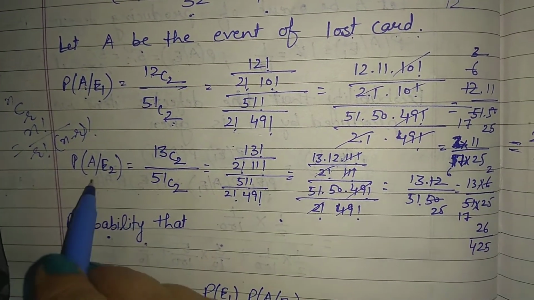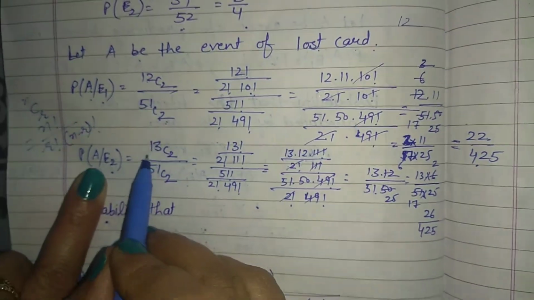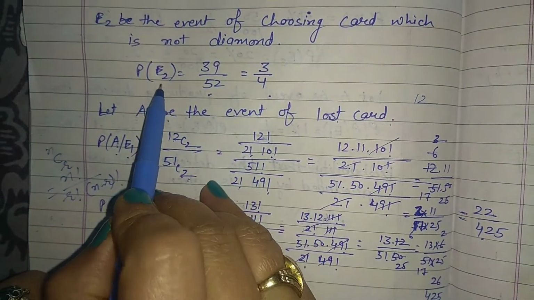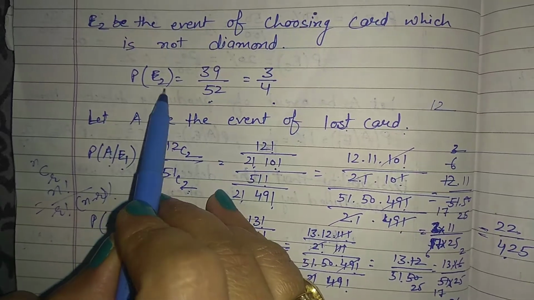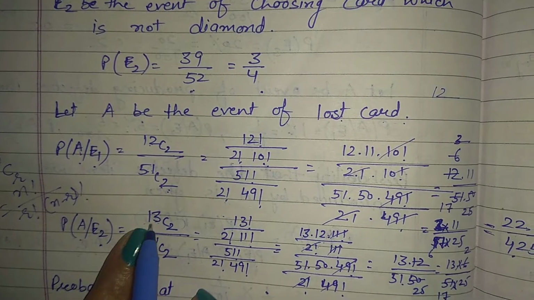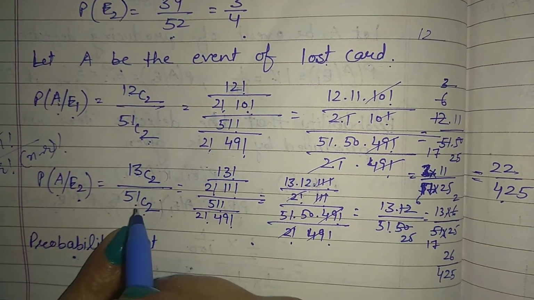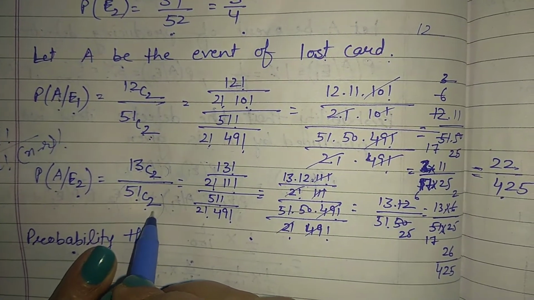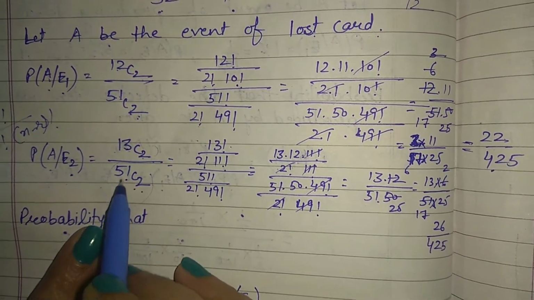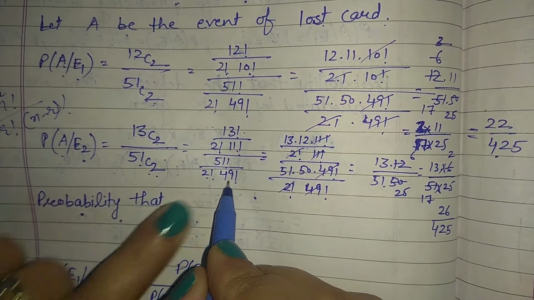22 by 425. Now P(A|E2) means we have to take out 2 cards from the remaining diamond cards. Here 13 are diamond because in the second event a diamond card is not lost. So P(E2) is remaining cards of 39 and total are 52. So we will take 13 diamond cards here and 1 card is lost, that is not a diamond. So total are 51. So 13 C2 upon 51 C2. 13 factorial upon 2 factorial into (13 minus 2) factorial, and this is 51 factorial upon 2 factorial, (51 minus 2) is 49 factorial.